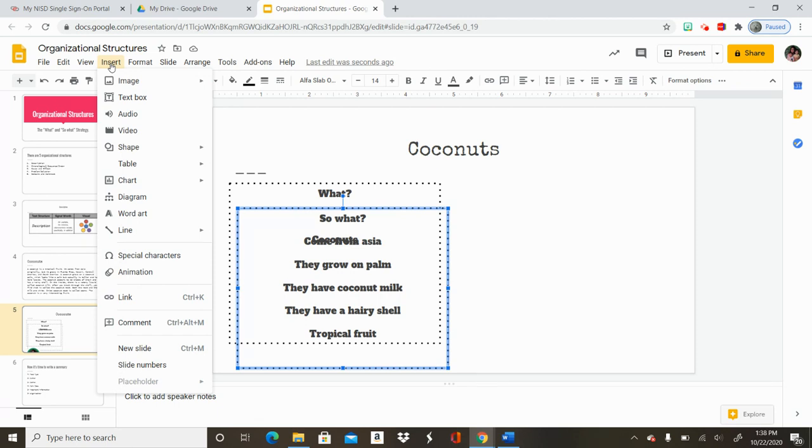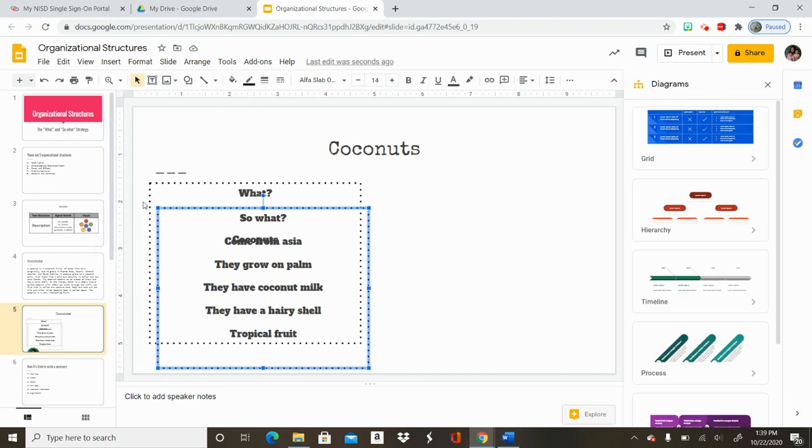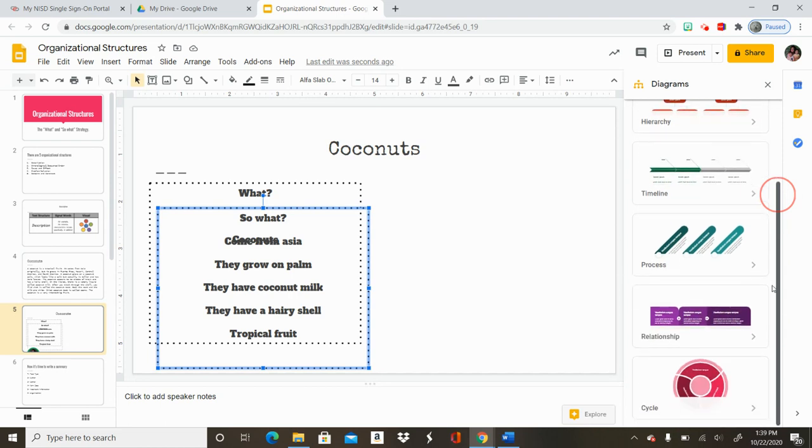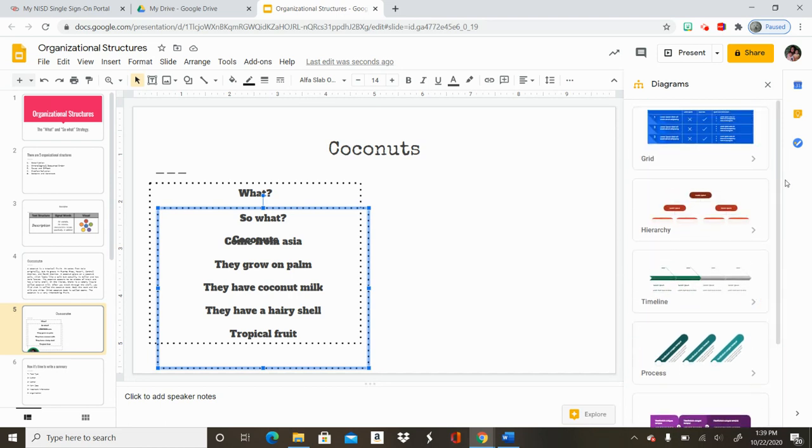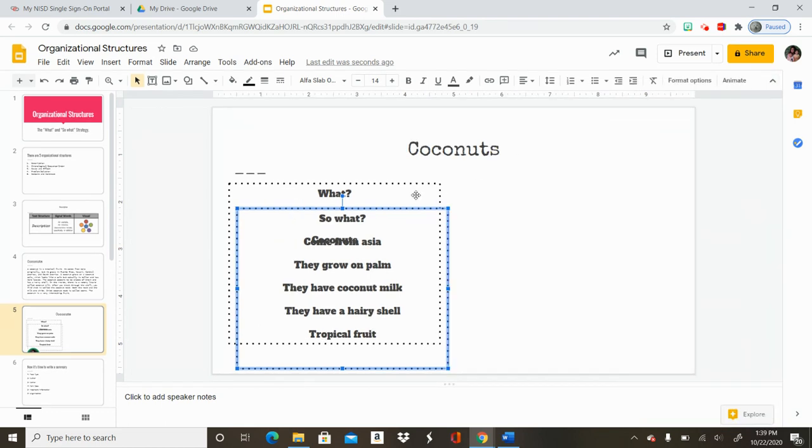Okay, so if you come to the insert and you see these little things here, you should be able to find the little think bubble. I don't see it here. It's okay. Well, I guess this is fine.